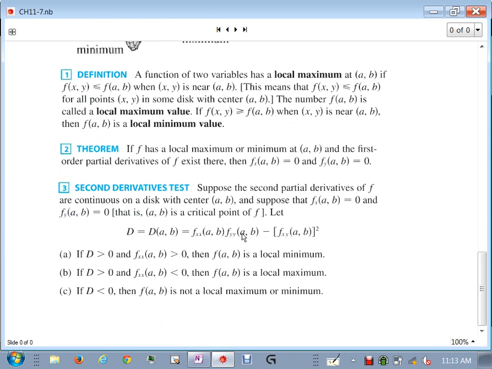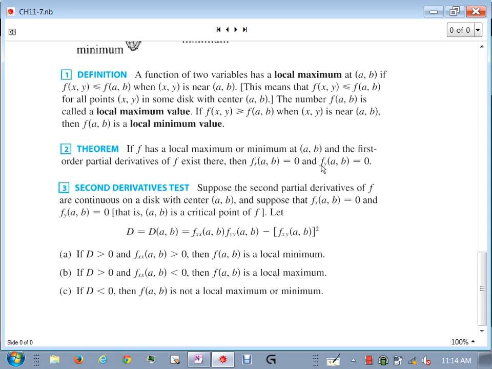Okay, now that's going to lead us to what's called the second derivative test for surfaces. And this is the main thing of today. This is what we're going to spend all of the rest of class on, doing examples using this test right here. It says, suppose the second partial derivatives of f are continuous on a disk with center (a, b). So you have a function, the second partials have to exist, which means that the first partials had to exist, right?